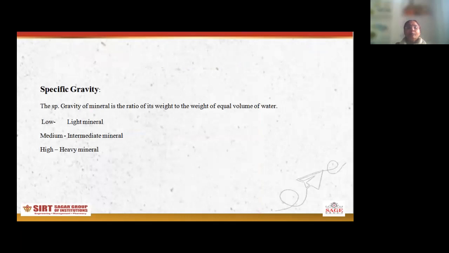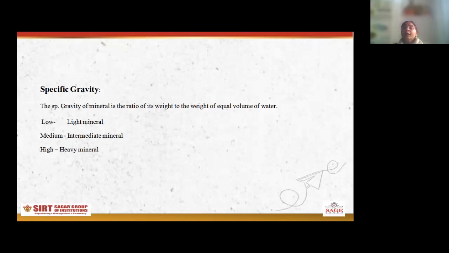Now specific gravity. Specific gravity of a mineral is the ratio of its weight to the weight of an equal volume of water. In the field, you don't have any equipment. There is equipment like the Walker steelyard, by which you can determine the specific gravity of a mineral, but in the field you don't have any equipment or a laboratory. So by its weight you can identify: if it is heavy, then its specific gravity is high.